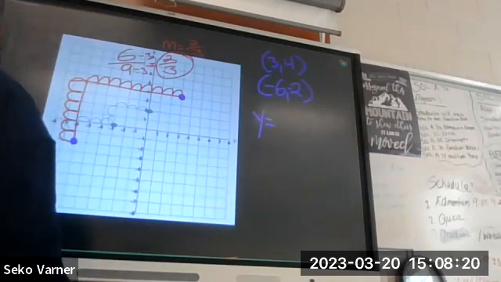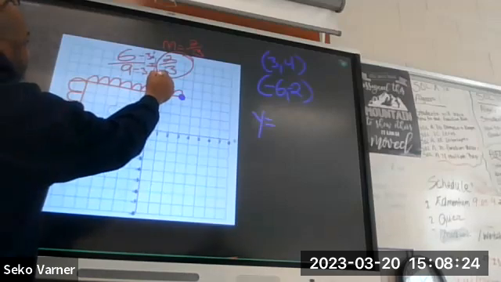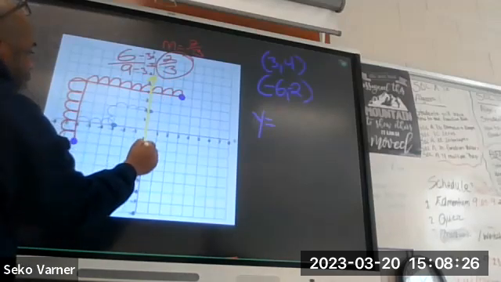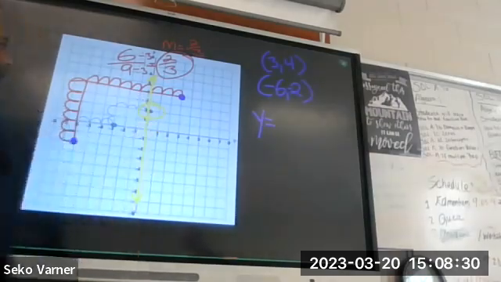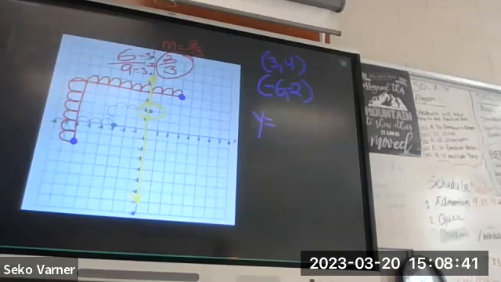At what point did I cross the y-axis? Because that's what I'm trying to find out. Here's my y-axis. Cut 4 in half, it's 2. It's right here. So my y-intercept is 2.